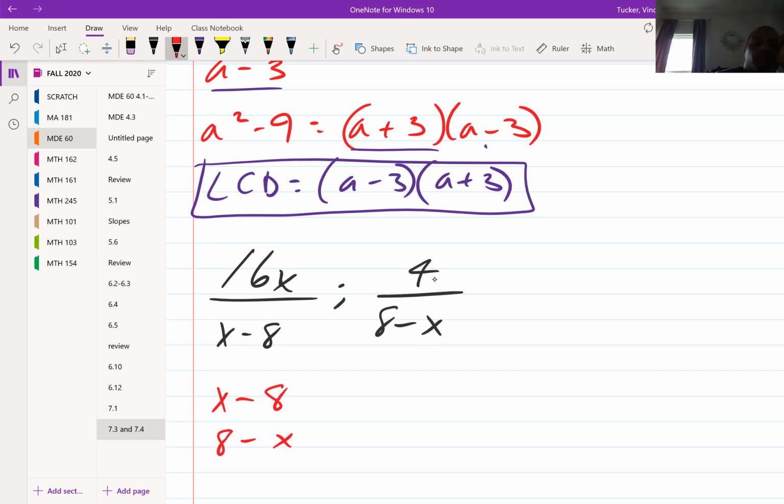All right, so we have x minus 8 and 8 minus x as our denominators. If I were to rearrange my terms here, that's negative x plus 8, in which each one of my terms are opposite signs.